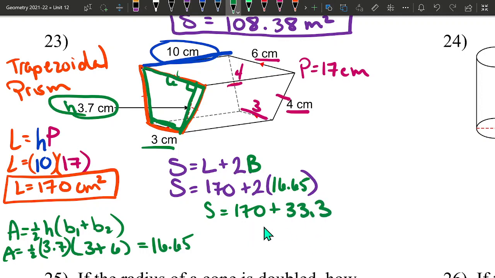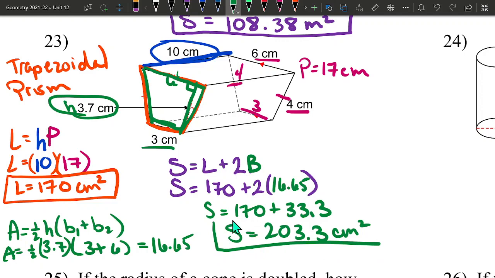So I have 170 plus 33.3 is 203.3. And these are centimeters squared. All right, so that is the trapezoidal prism.